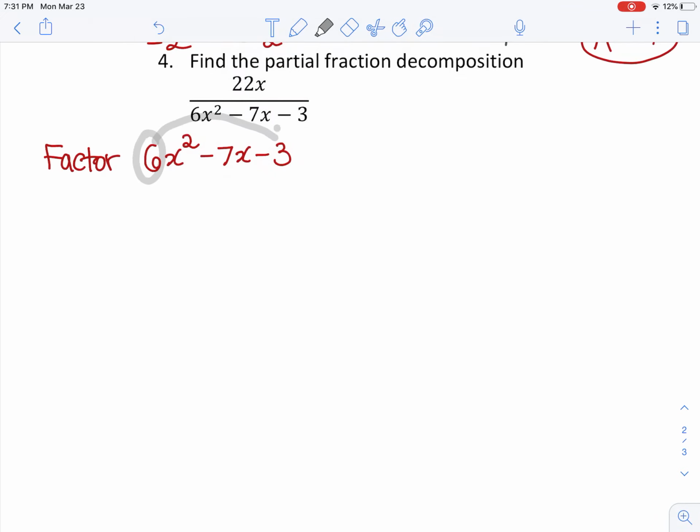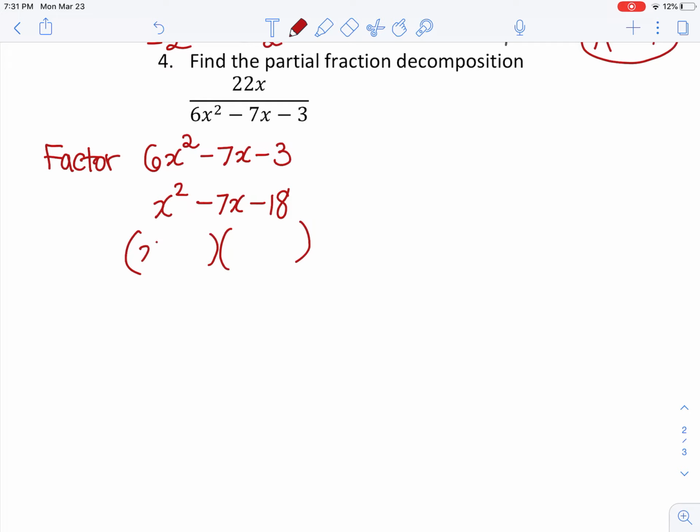I multiply this 6 by this 3, and then I use this slide and divide method or bottoms up method. I get x squared minus 7x minus 6 times 3 will get me 18. And then I factor these two.